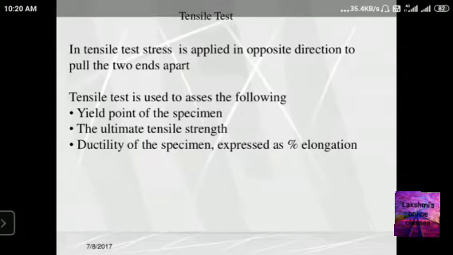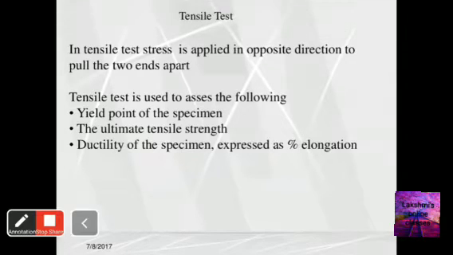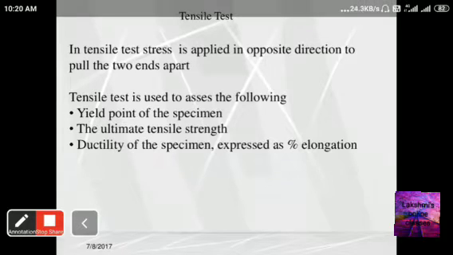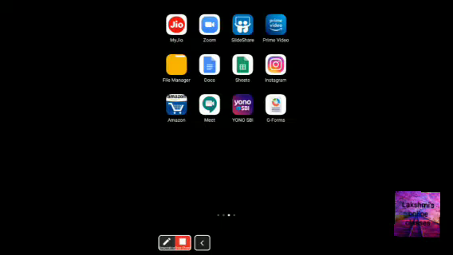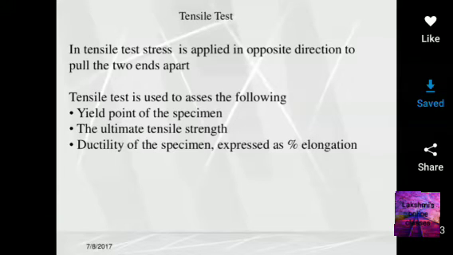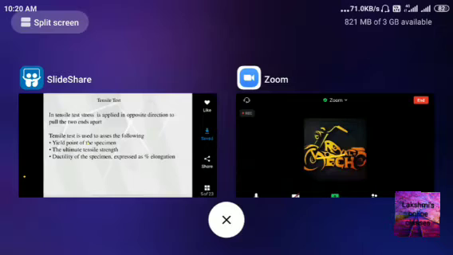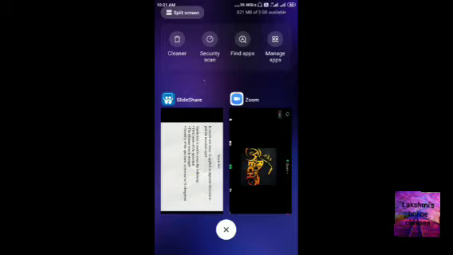The tensile test is used to assess the following: one is yield point, second is ultimate tensile strength, and third is ductility of the specimen, right? So in this way, we have different tests.